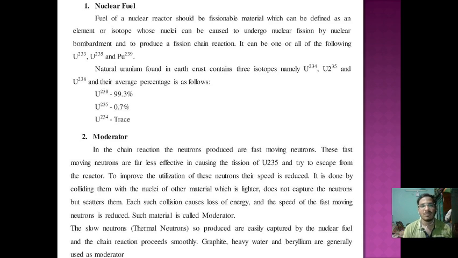Naturally, uranium is found in the earth and contains three isotopes. Here the symbols of the different types of uranium are U234, U235, U238, and their average percentage. U238 is 99.3 percent by quantity, and U235 is 0.7 percent. U234 is only a trace.